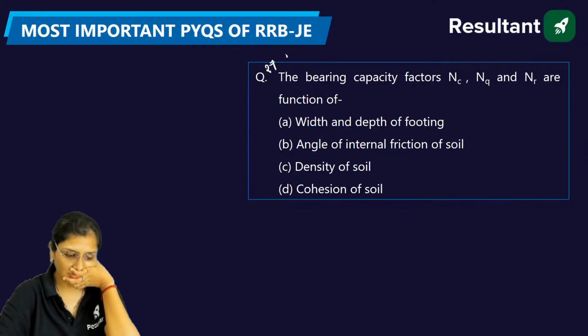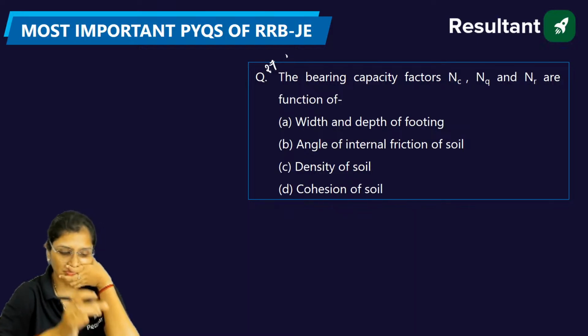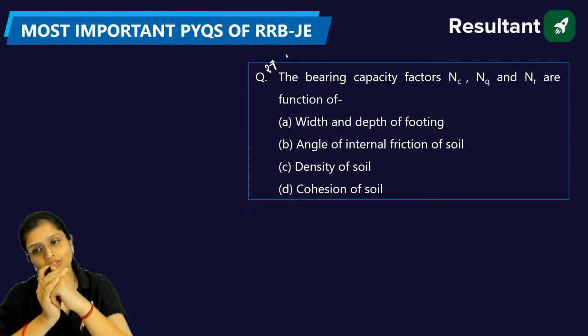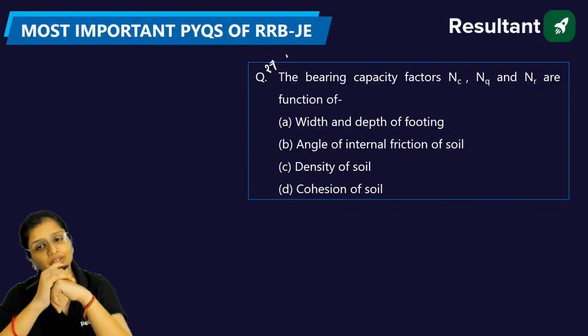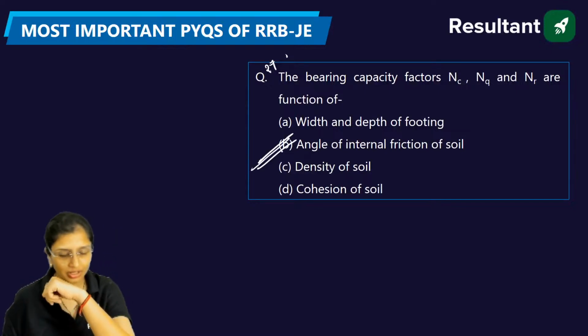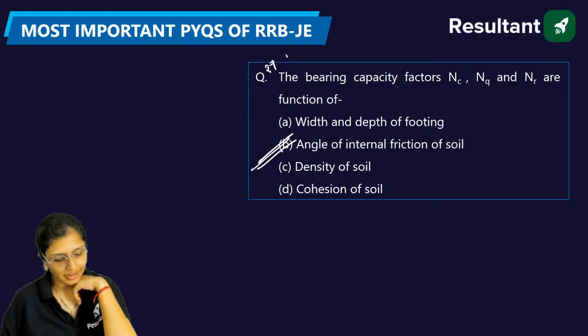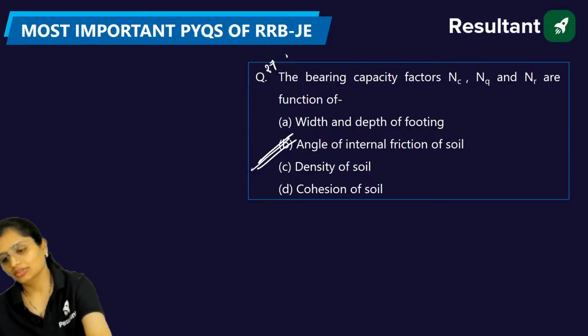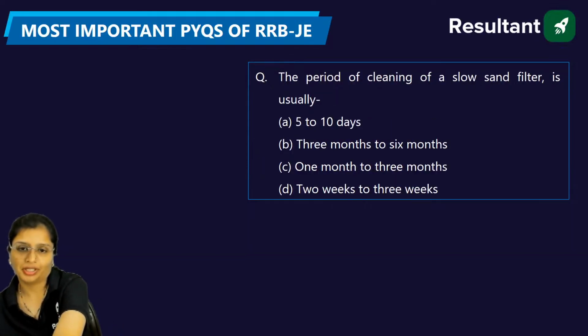Come on. Correct. So the bearing capacity factors NC, NQ, and N gamma are function of angle of internal friction of soil. Correct. Tan square 45 plus phi by 2.